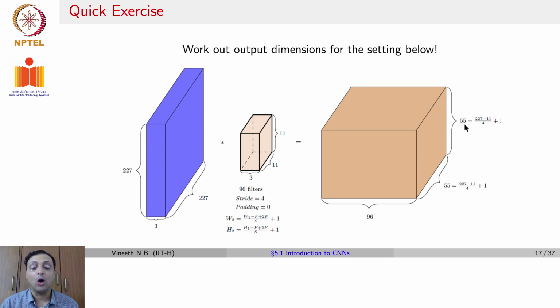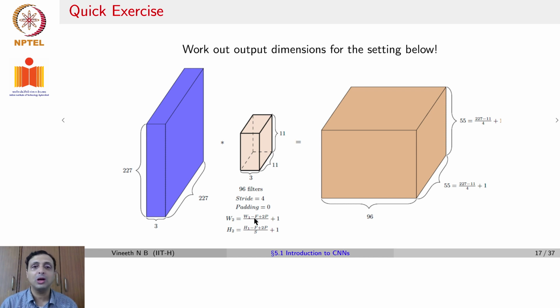That's how you can get the output, the dimensions of the feature map. One important thing to keep in mind here is when you embed these kinds of operations in a neural network, unlike a feed-forward neural network where you would specify how many neurons you want in a first hidden layer, here the size of that next layer is automatically decided by the size of the filter and these choices that you make.